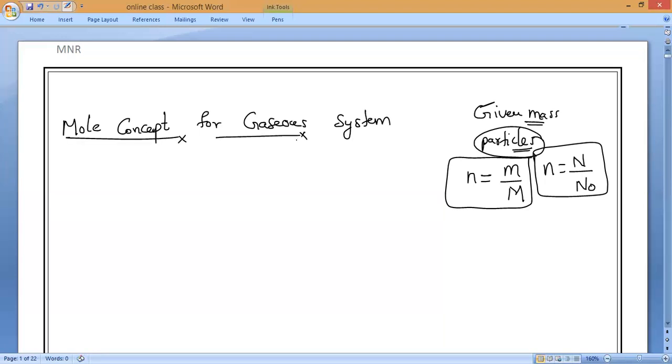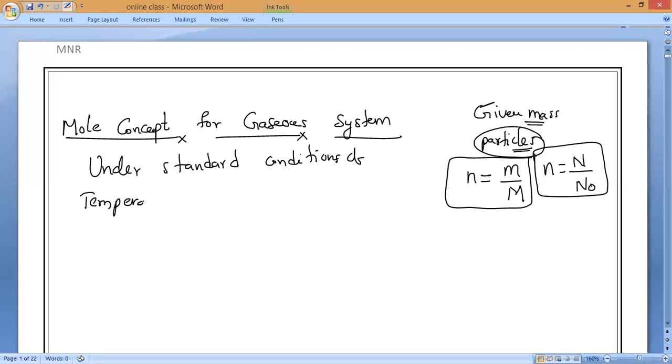Okay, now let us discuss it. If you take 1 mole of any kind of gas under standard conditions of temperature and pressure, do you understand what I am saying? STP stands for standard conditions of temperature and pressure, meaning T is equal to 0 degrees Celsius and P is equal to 1 atm.